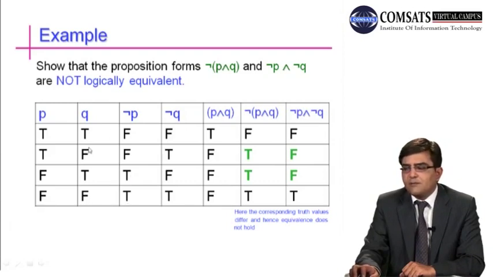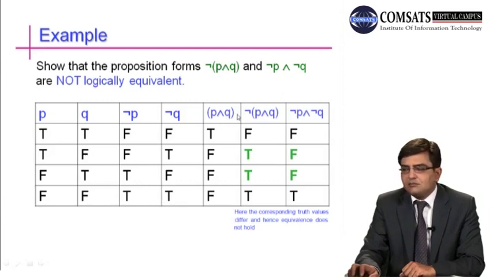Then not Q: corresponding to T we will have F, for F we will have T, for T we will have F, and for F we will have T. Now we need P and Q.